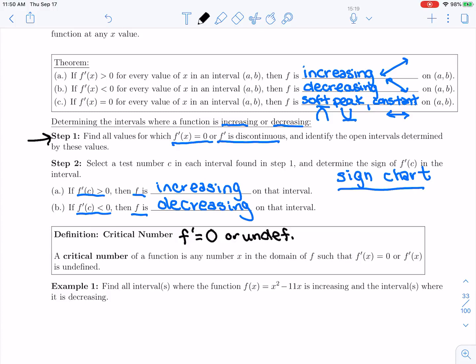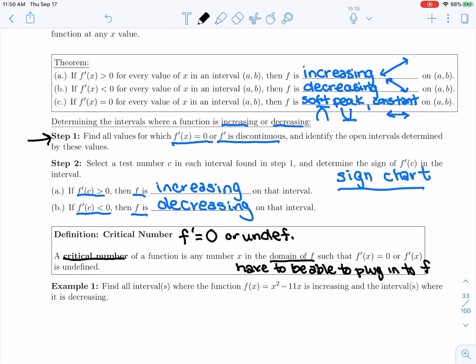And we would call it a critical number. So one thing that is important about a critical number, it's in the domain of the function, which means you have to be able to plug it into the original function f for it to be called a critical number.